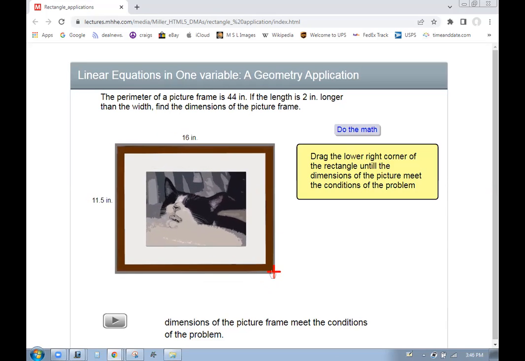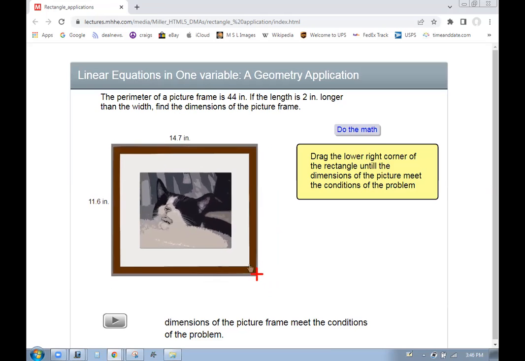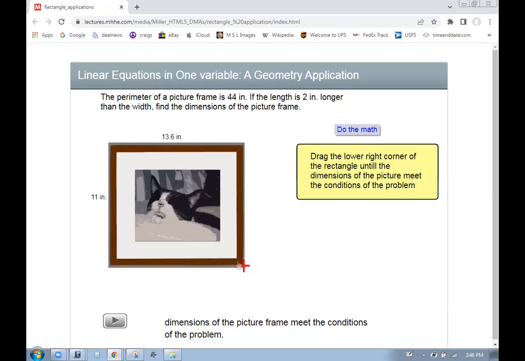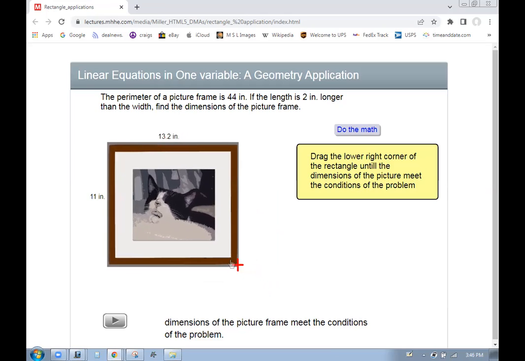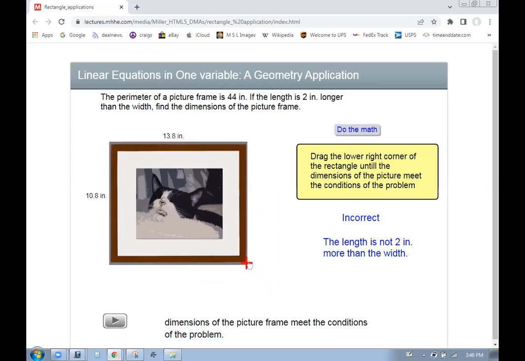40, if the length is 2 inches longer than the width. All right, so... There. Yes, it is. Look at it, it wants to do the other way.